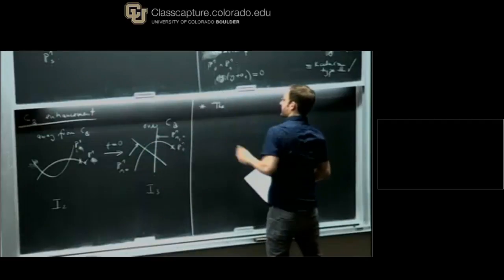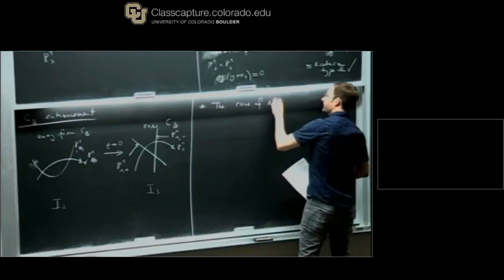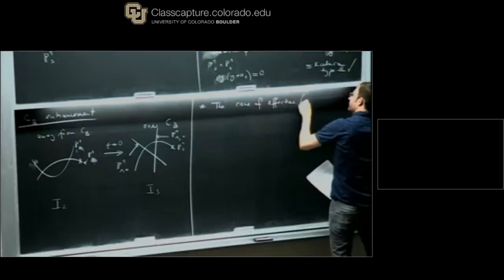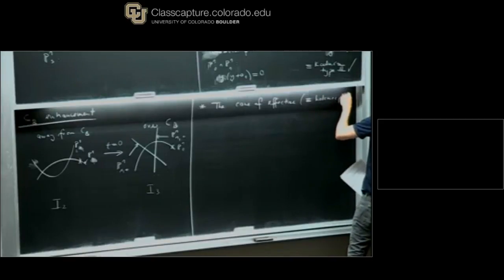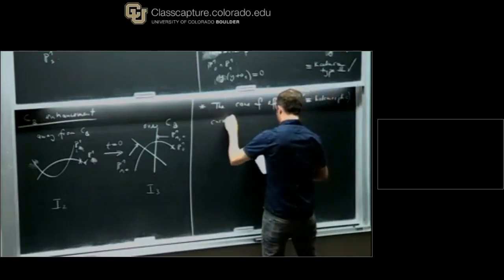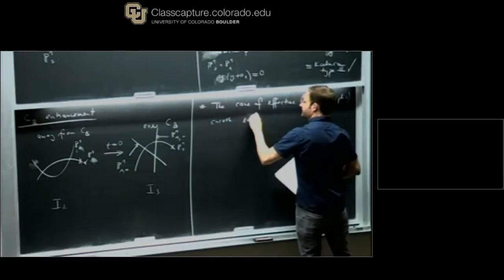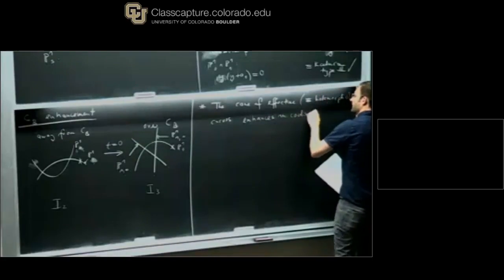And one can write this as follows. The cone of effective curves, which is for us holomorphic, essentially, curves enhances in codimension 2.